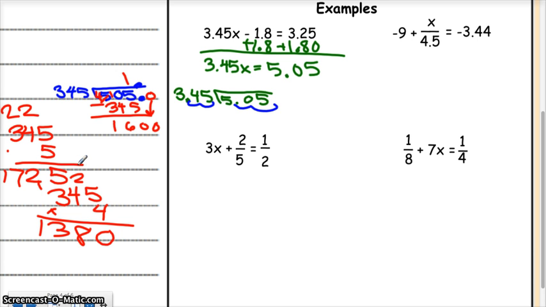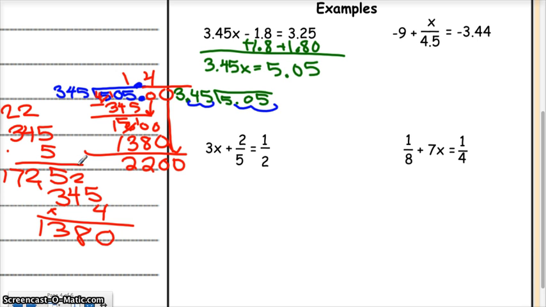I do know that. I just never utilize it. Okay, so what do we got? 4, and that was 1380. 220. Bring down another 0. 2,200.